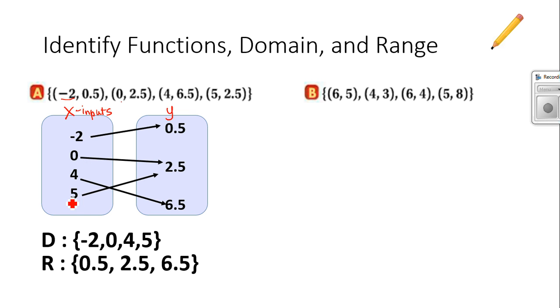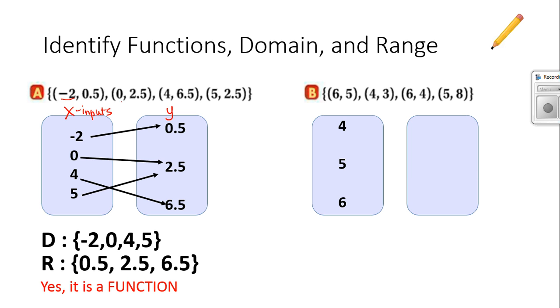Oh, the same button gives us that as well, but that's okay. I can have 2 blue Gatorade buttons and still get blue Gatorade. Okay, and then 4 is giving me 6.5. This is a function.